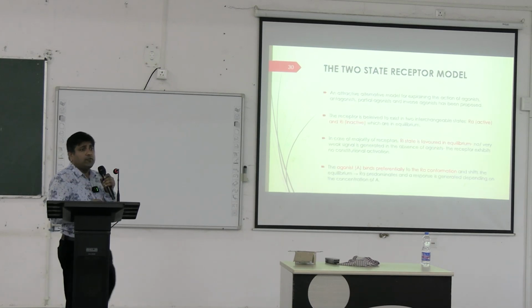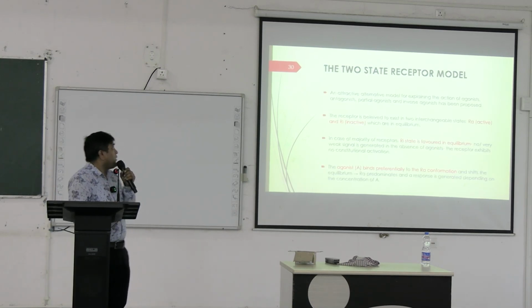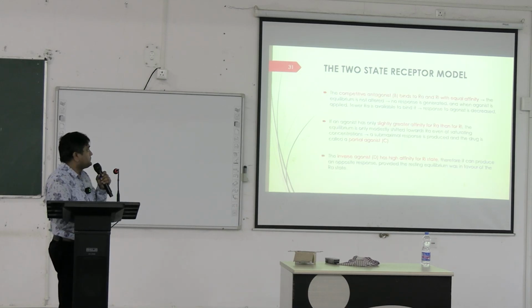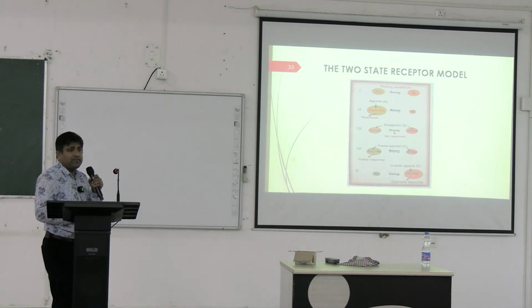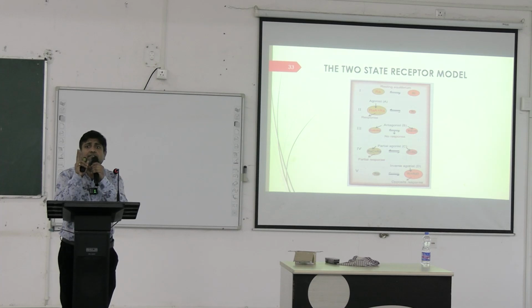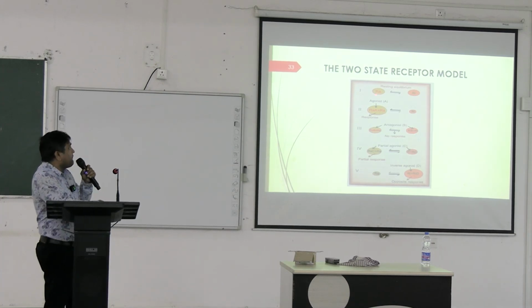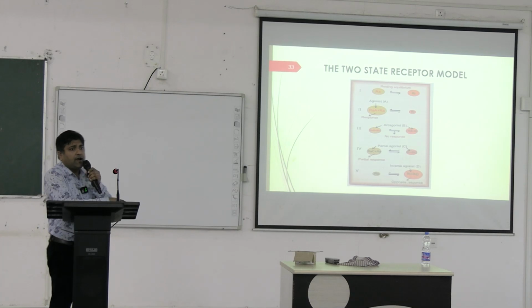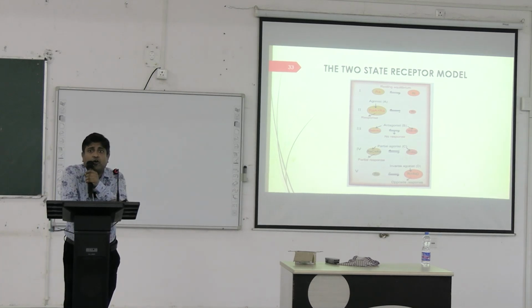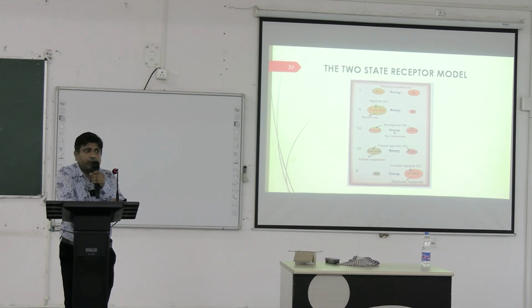Now coming to the next theory, that is the two-state receptor model. Now what does it show? Basically receptors occur in two conformational forms. One is RA and one is RI. RA is the activated form of the receptor and RI is the inactivated form.